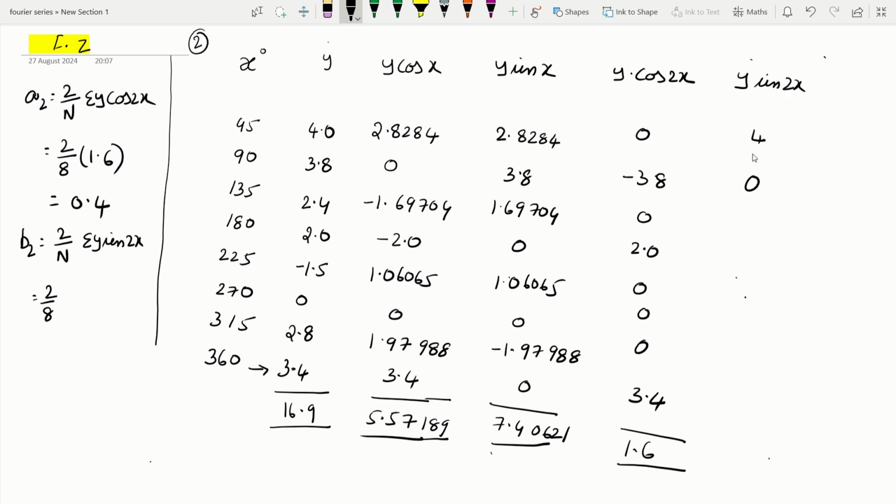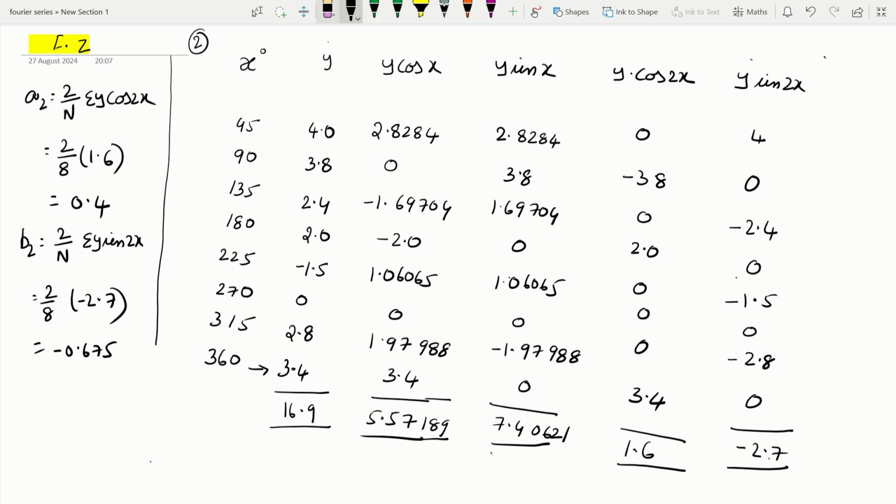Minus 2.4, again 0, and you can write the direct answer. There are no special marks for each column. Minus 2.8, and this is 0. If I add everything, minus 2.7, I got it. So finally, the B2 value also we got, that is minus 0.675. Okay. So for this data, you may have 2 marks, that's all.